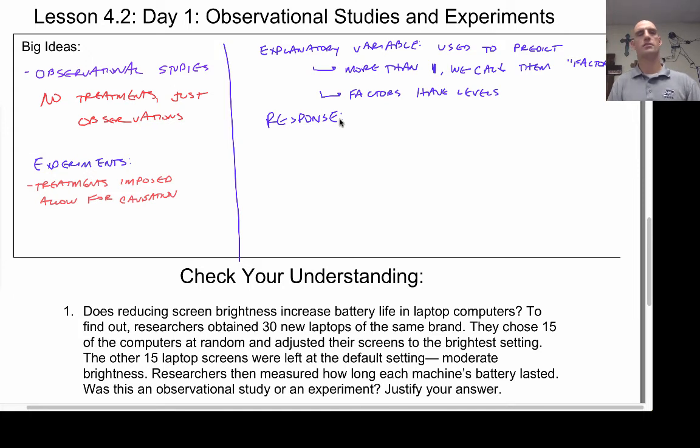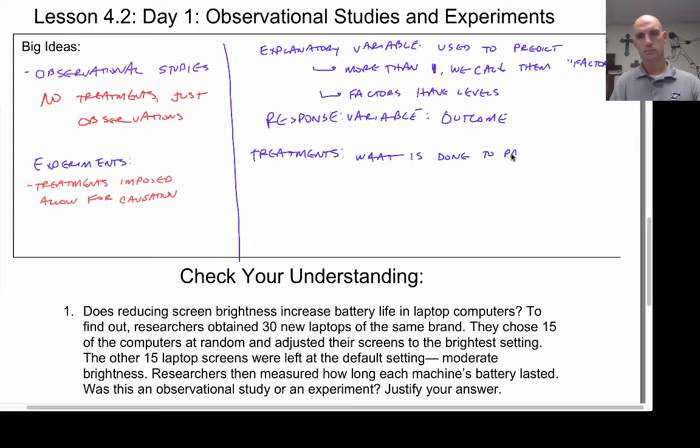In that case, no matter what the factors are that were affecting SAT scores, the response variable is the outcome. Treatments are what is done to the participants. That's what you actually have them do.